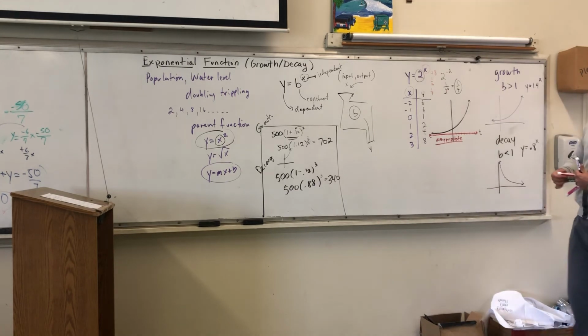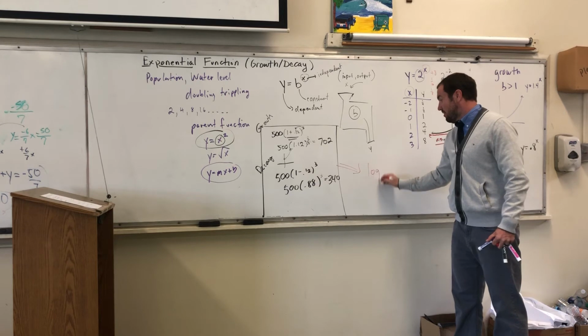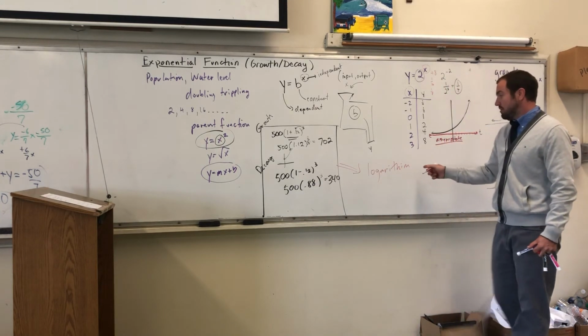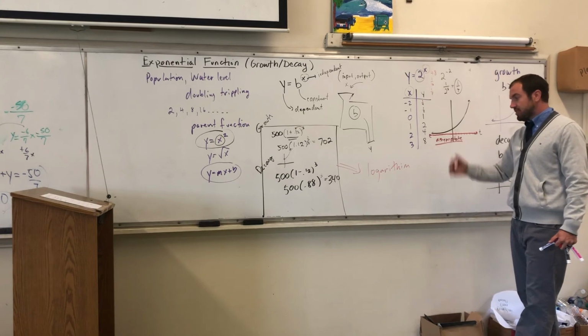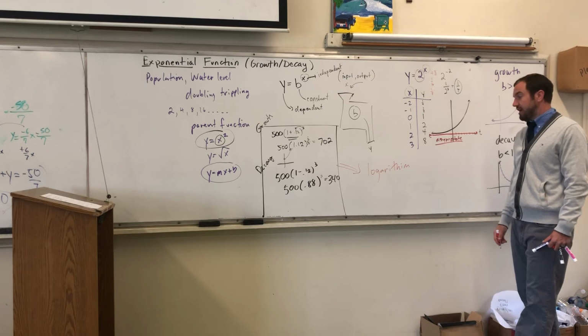And then where this will take us eventually is to what we call a logarithm, which will actually be able to determine how many years it'll take something to be a certain value.